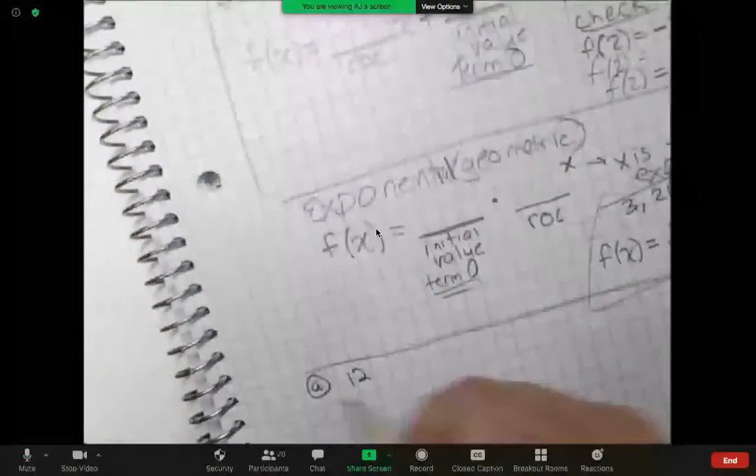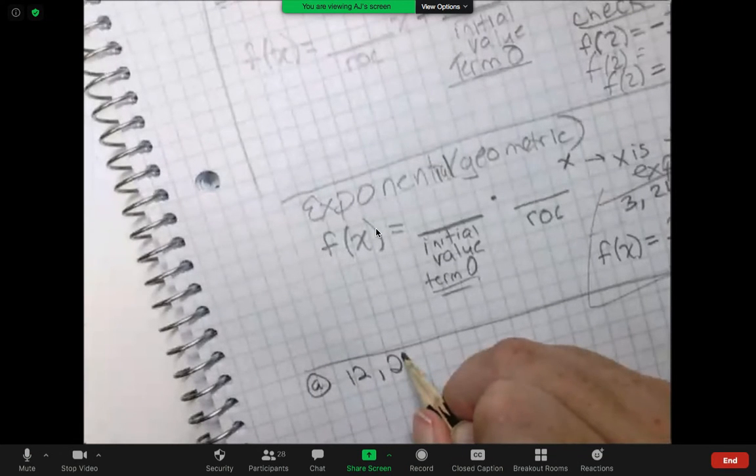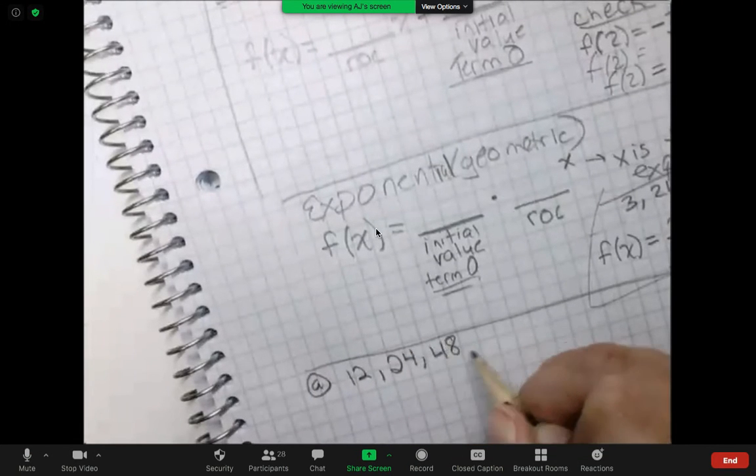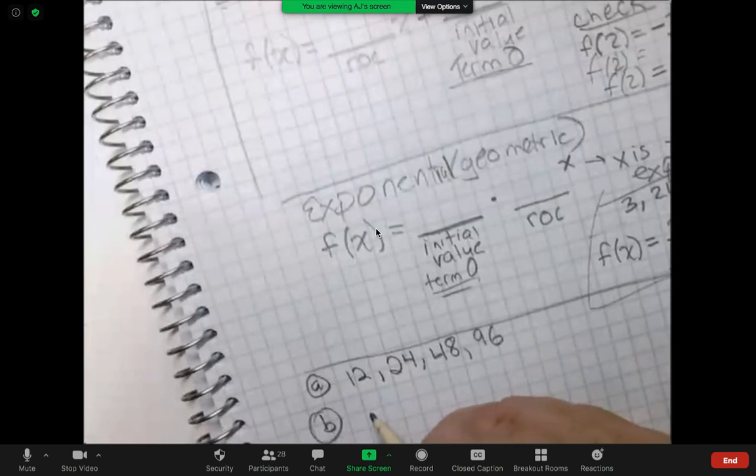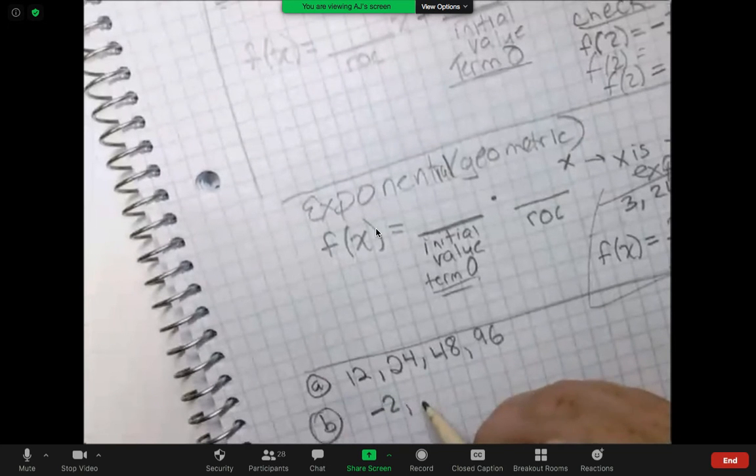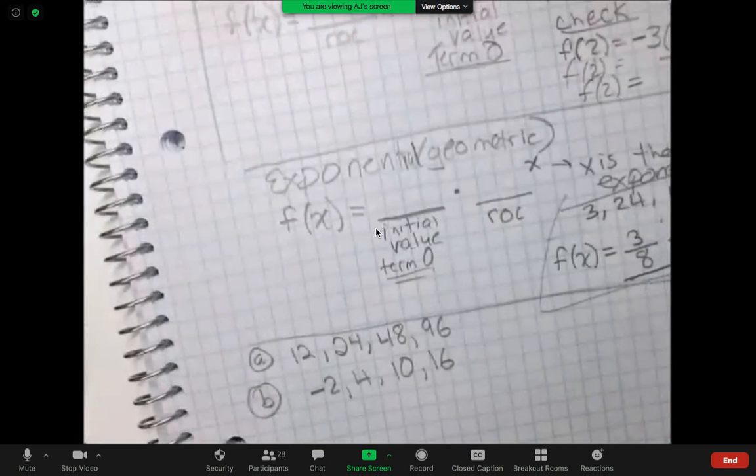So here's example A. And then example B. Okay, so try those 2. I switched it up, did you notice?